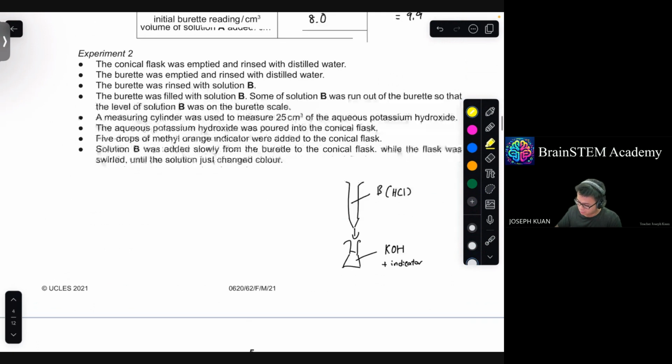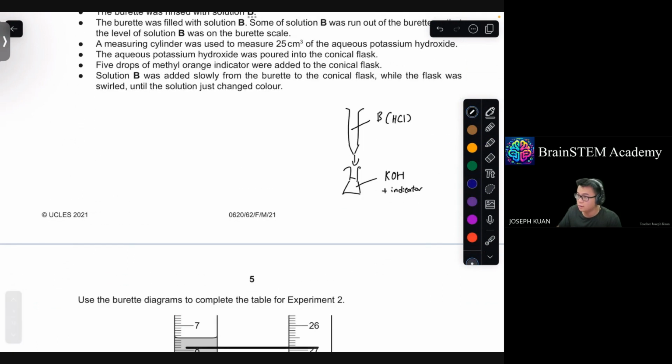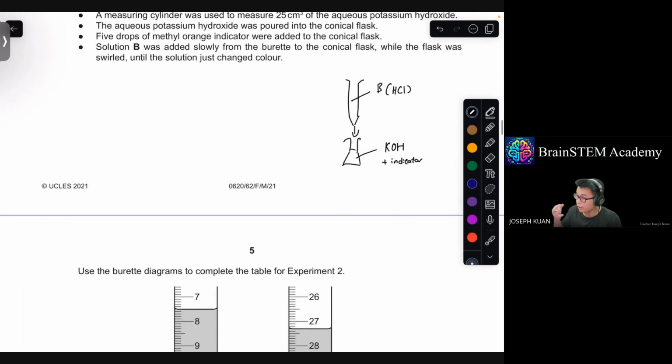Right. So why are we not doing that? You see, the logic here is, if you choose to rinse it with potassium hydroxide, you are essentially leaving a little bit extra potassium hydroxide in the conical flask.